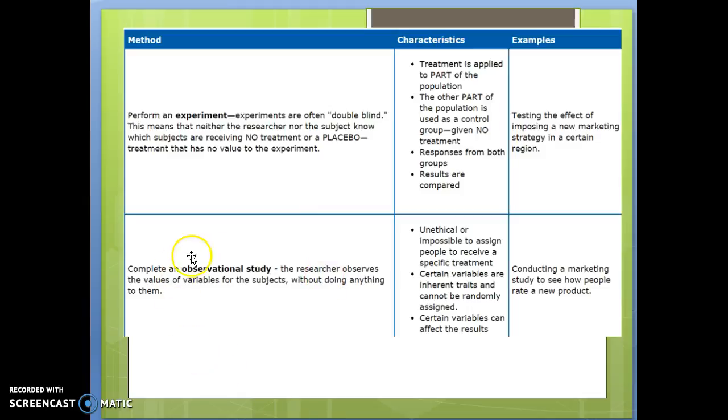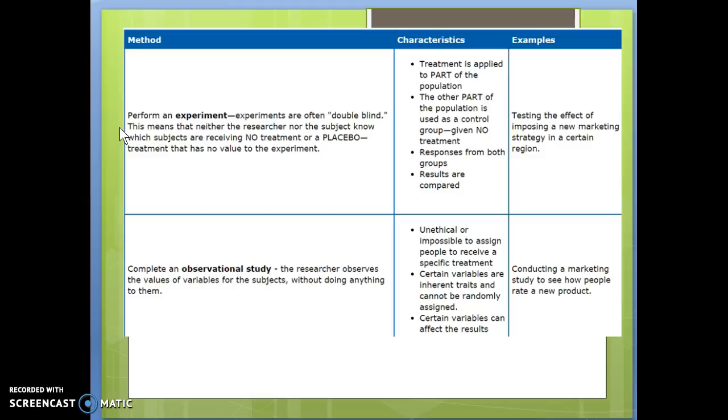Here's a quick review of the difference between experimental studies and observational studies. There are actually more methods of study, however, in this assignment, I only ask you for these two methods. To perform an experimental study, experiments are often double-blind.